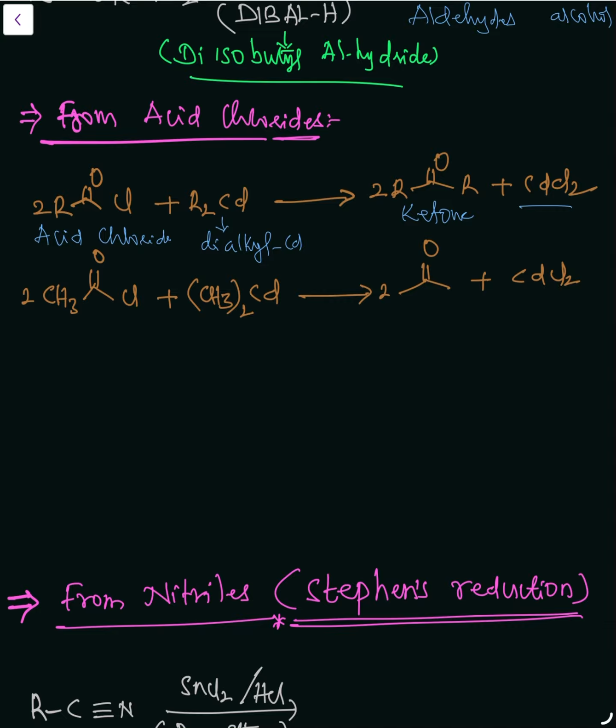Same acyl chloride, for example CH3COCl, when it reacts with diethyl cadmium, then the compound formed is CH3, C double bond O, C2H5, plus CdCl2. This is 2-butanone.